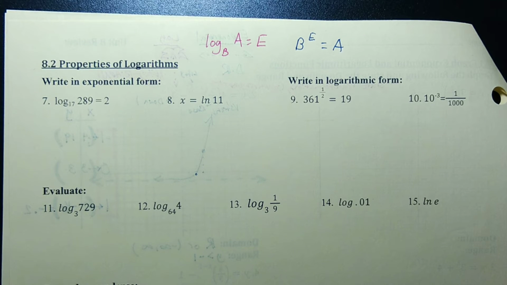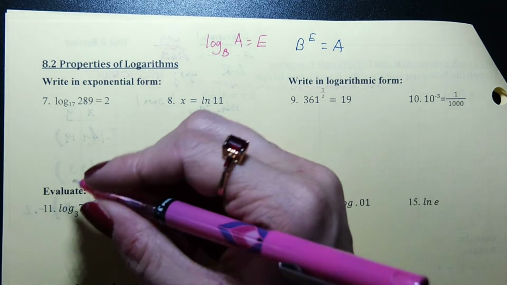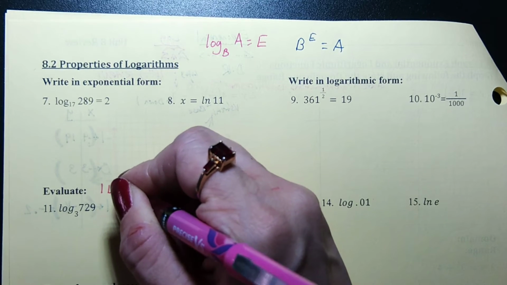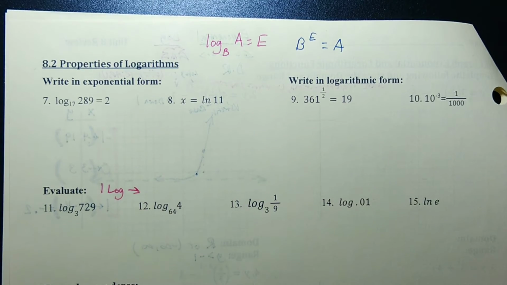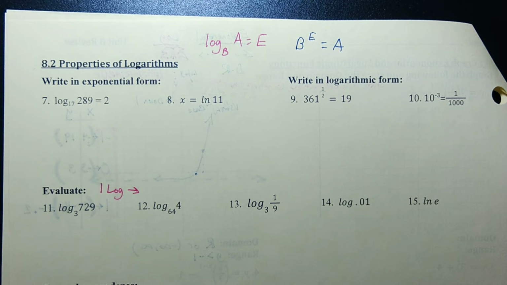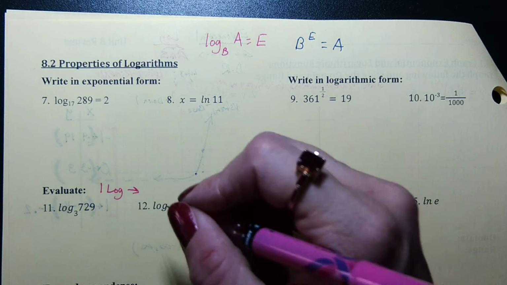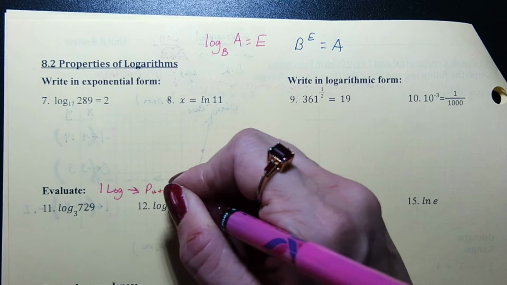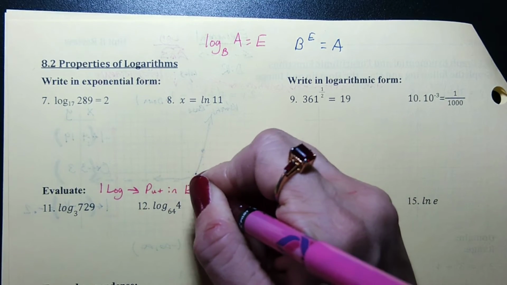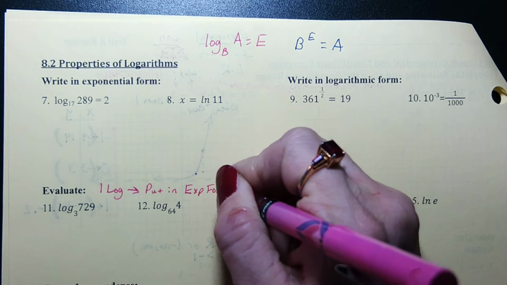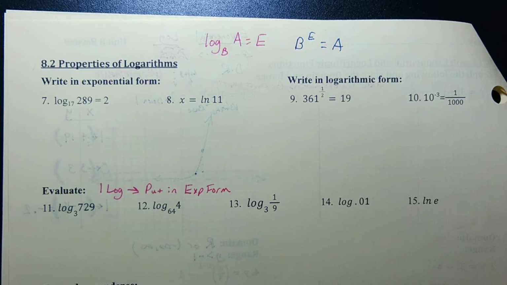For evaluating, folks, how do I evaluate a one log expression? It's the same way we solve a one log expression. It's the same way we graph a log. What do we do? We put it in exponential form. And that's using our big animal ears.